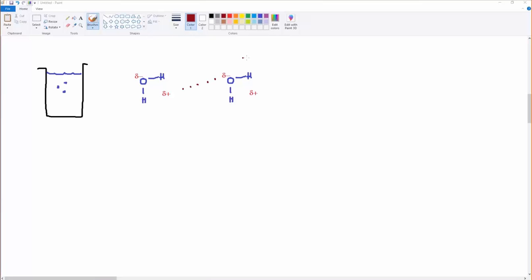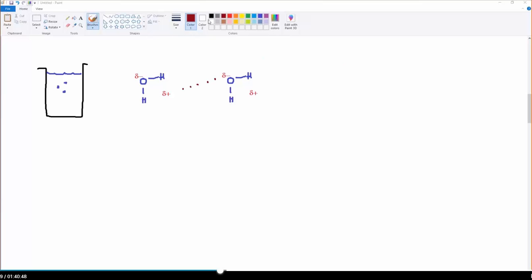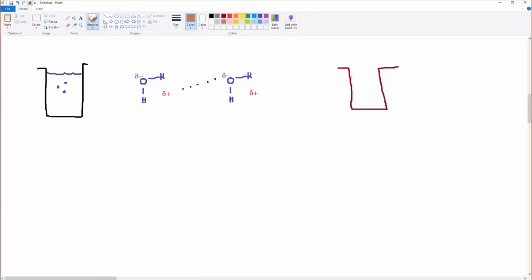Compare that to a bin that has a nonpolar substance in it. Let's say instead I've got this bin that is full of CH4s, and obviously the C-H bond is not polar, so we have no molecular polarity here. How is one CH4 molecule going to interact with another CH4 molecule?